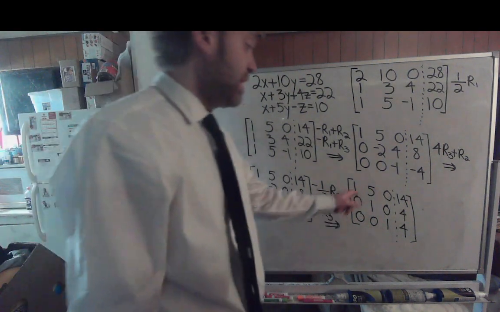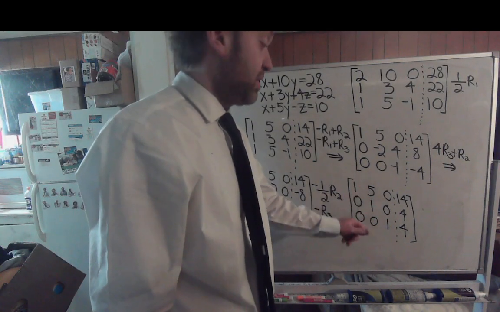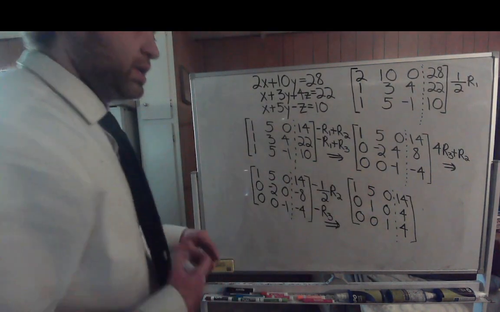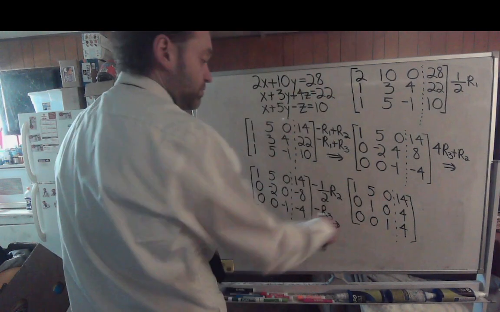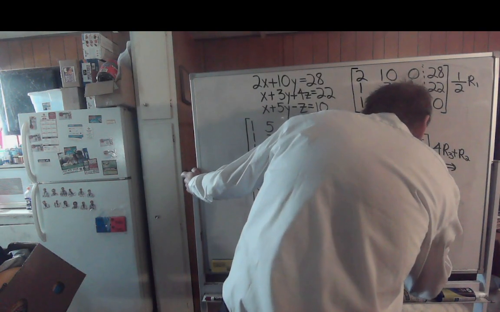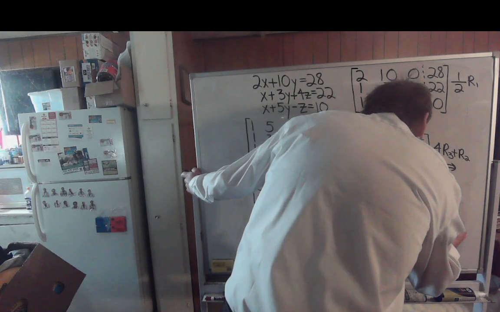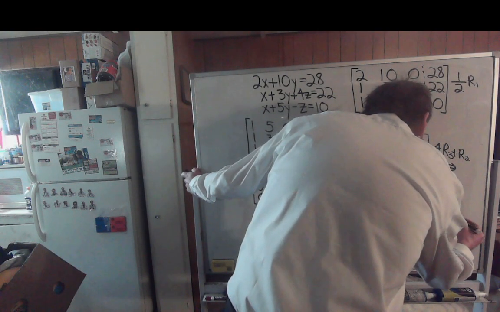Now we just need to make the second digit in row 1 a 0, then we're good to go. So if I take negative 5 times row 2 and add it to row 1, I'll make that happen. So let's go ahead and do that right quick.